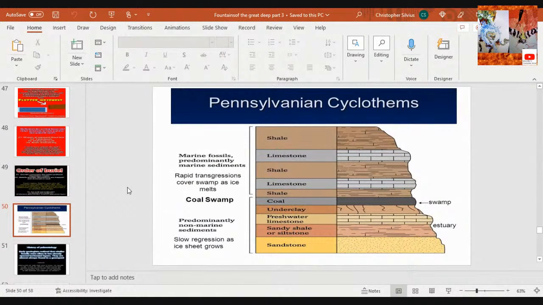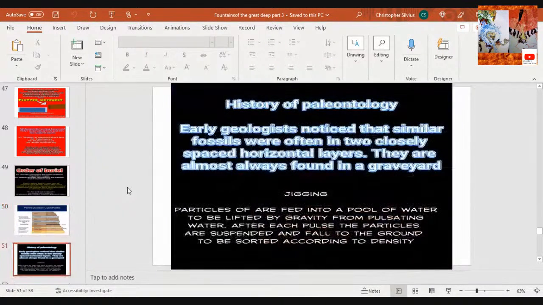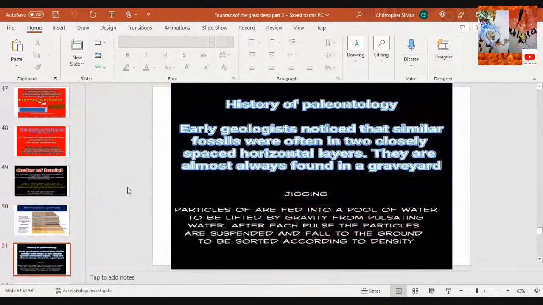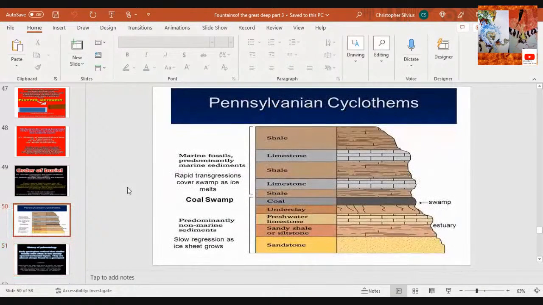So the development of this shale and the limestone and the coal, it was all deposited from a global flood. It doesn't represent time periods, it represents phases of a flood that lasted approximately a year in three basic phases. The rupture phase, the flutter phase, 150 days. I guess the flutter phases.